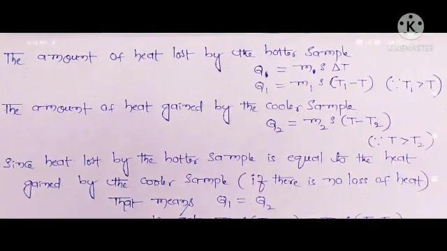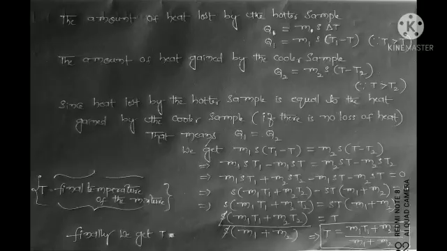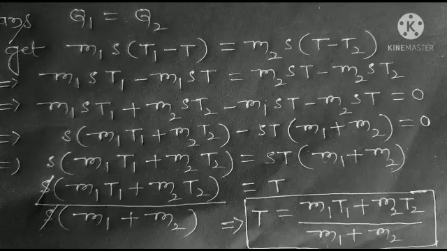The heat lost by the hotter sample is equal to the heat gained by the cooler sample, provided there is no loss of heat to any other process. That means Q1 = Q2. Now we substitute the Q1 and Q2 values. So M1 S (T1 - T) = M2 S (T - T2).